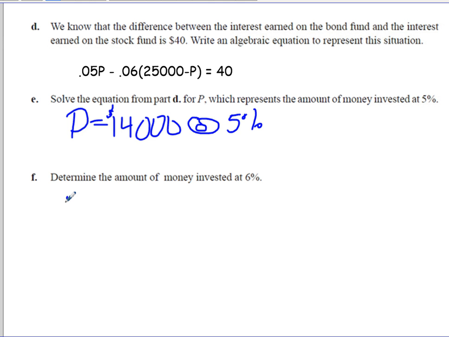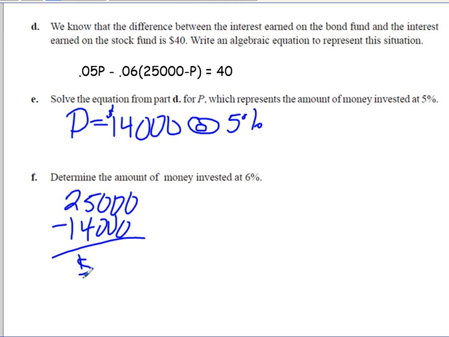And so our total was 25,000. We're subtracting off 14,000, and that's where that 11,000 comes in. So we know that 11,000 was invested at, that was a little bit better, the 6%.